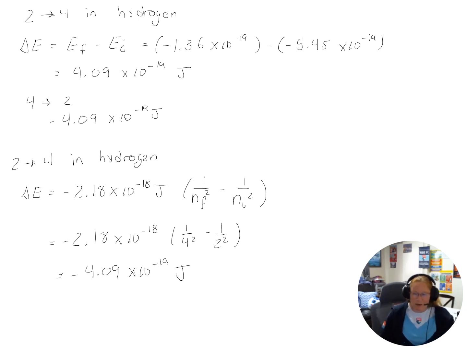Okay? So that's what happens with our quantized energy. And it is the quantization of the atom and these discrete energy levels that allow us to see our really cool atomic spectra. And so we can, with other detectors, see those lines in the infrared and the UV spectra. You have to have a special detector technique to get those.